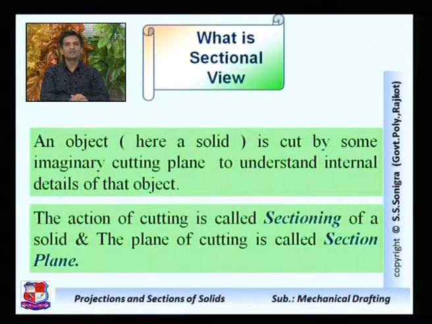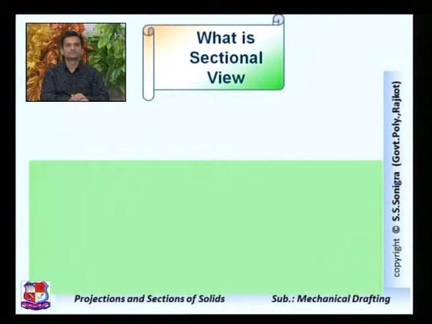Whenever some intrinsic parts are there and internal details need to be expressed, we use sectional views. In industries, the drawings are made with sectional views to show the cross section of the object.